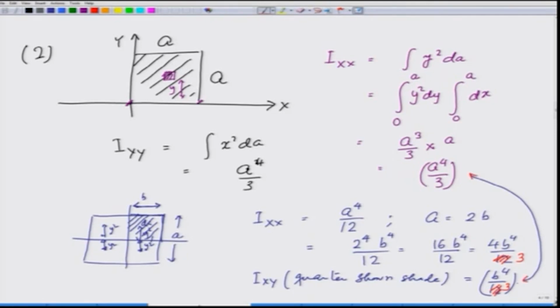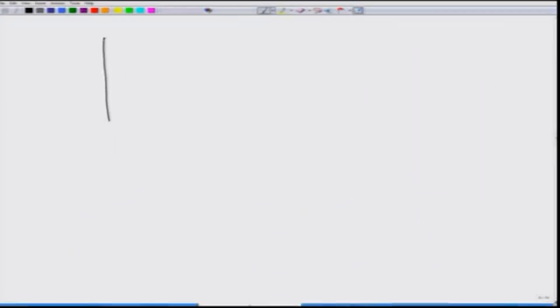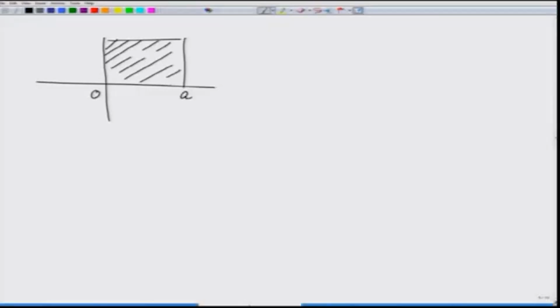So, you could also relate, and this also gives you some practice as to how to think if the shapes are similar. More interesting in this case, however, would be to calculate the product of area of this square 0 to a. Product of area is equal to integral x y dy.